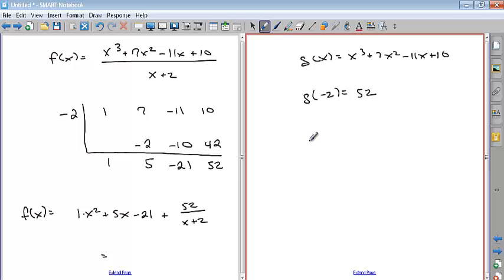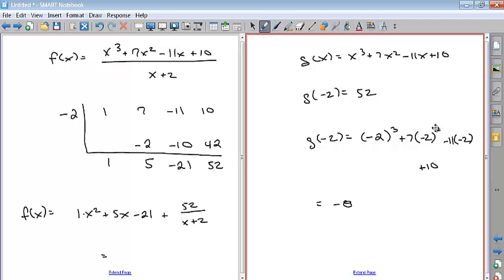So let's just check that out. So g of negative 2 would be equal to negative 2 cubed plus 7 times negative 2 squared, minus 11 times negative 2 plus 10. So negative 2 cubed is negative 8.